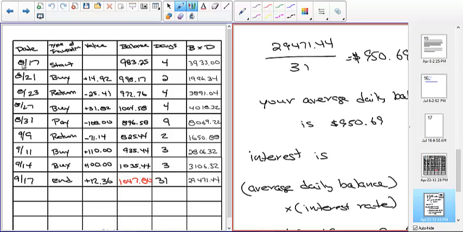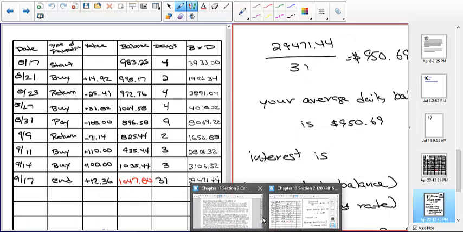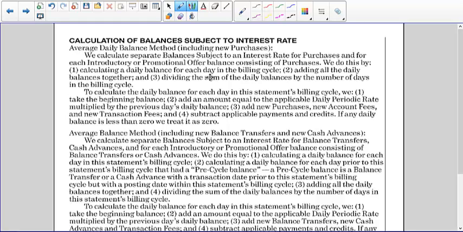So they'd have 818, same balance, 819, same balance. So instead of multiplying each one of these balances by the number of days, they just add them up, because each day is a separate number. You'll add up 31 numbers and then divide by 31, and that'll give you the same basic result.